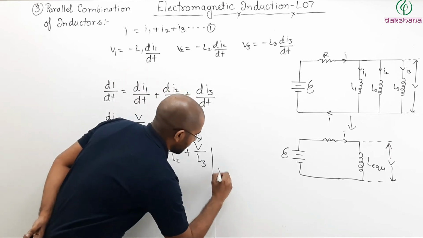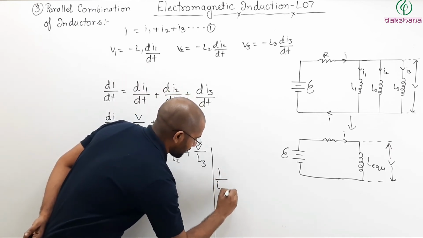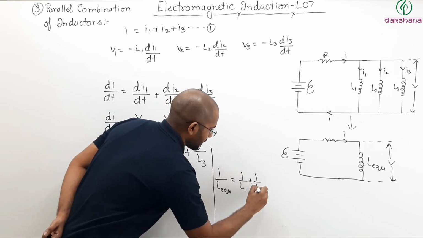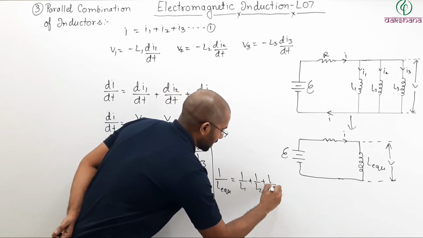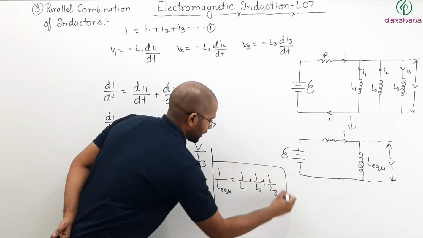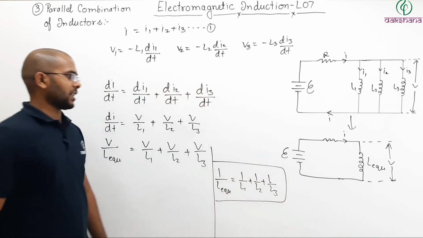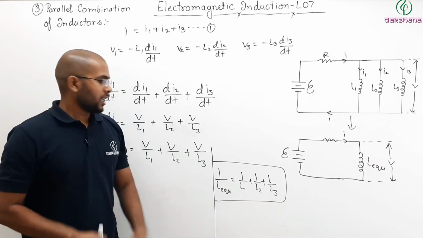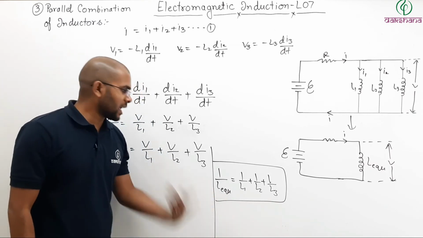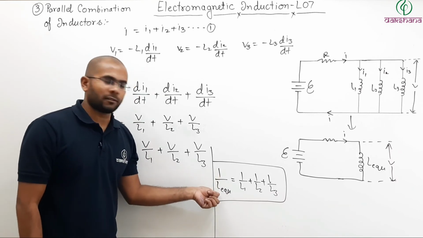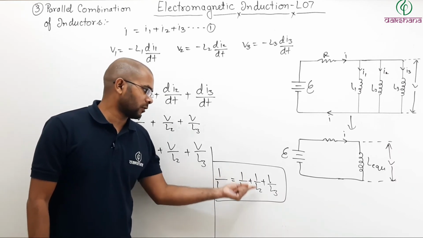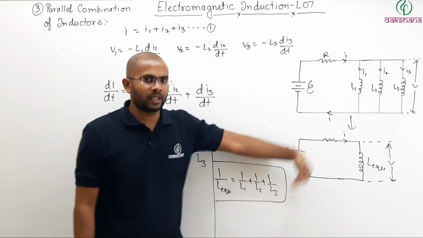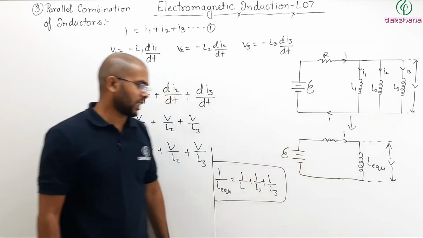You will get 1 by L equivalent equals 1 by L1 plus 1 by L2 plus 1 by L3, like that. So in case of parallel connection, equivalent self-inductance may be written as 1 by L equivalent equals 1 by L1 plus 1 by L2 plus 1 by L3, and if there are more than 3, plus 1 by L4 and so on, so that you can write.